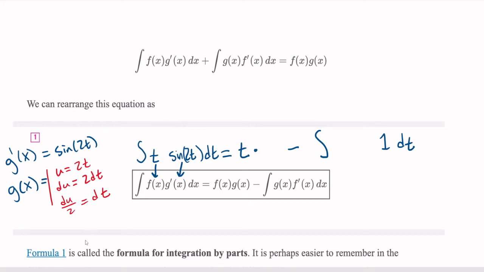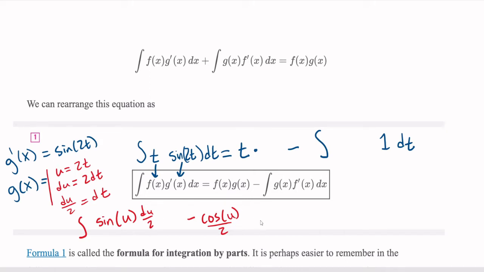Okay, so once we have that, we now have sine of u, right? So we're actually just doing this integral, sine of u du over 2. This one's not too bad though, right? It's negative cosine u over 2. And then what do we have to do, right?